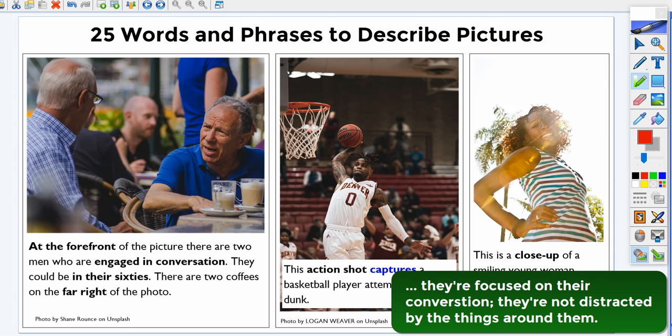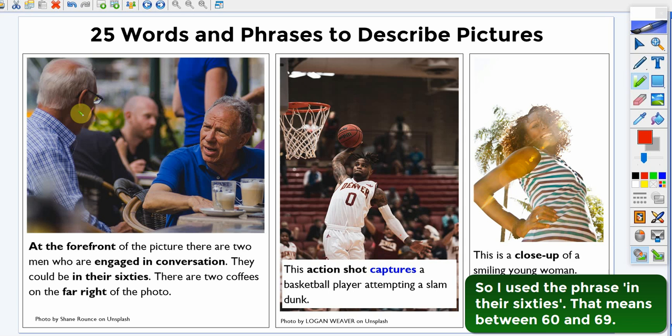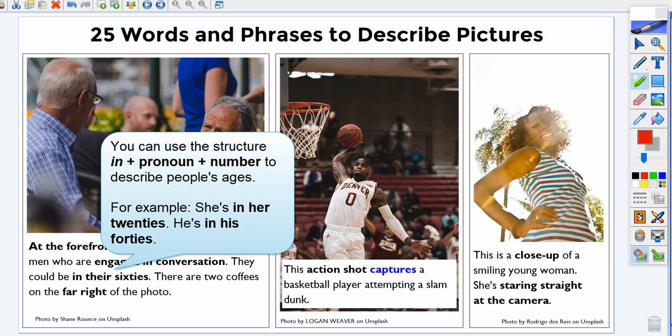They're not distracted by the things around them. I'm not exactly sure how old these gentlemen are, so I used the phrase in their 60s. That means between 60 and 69.